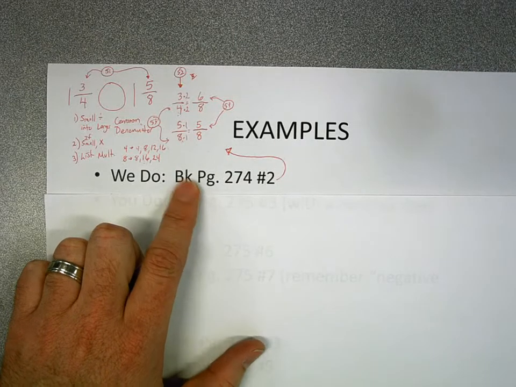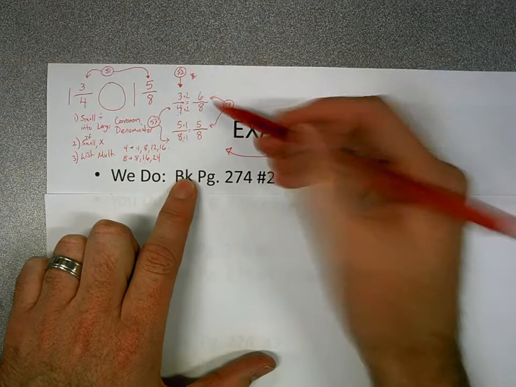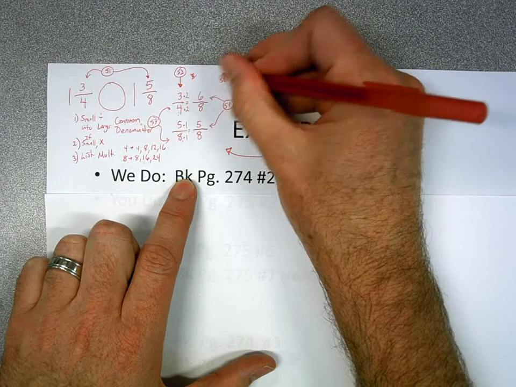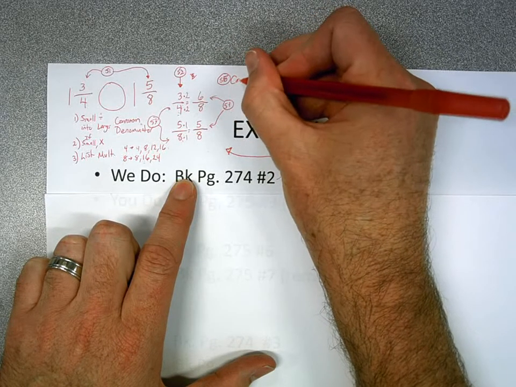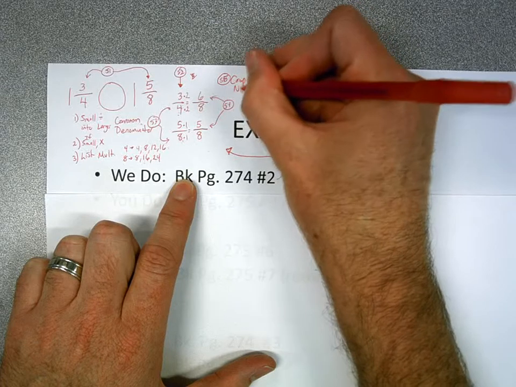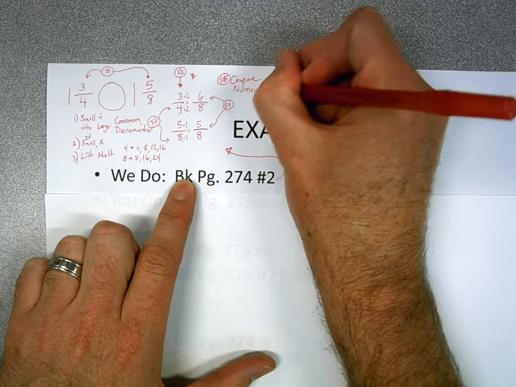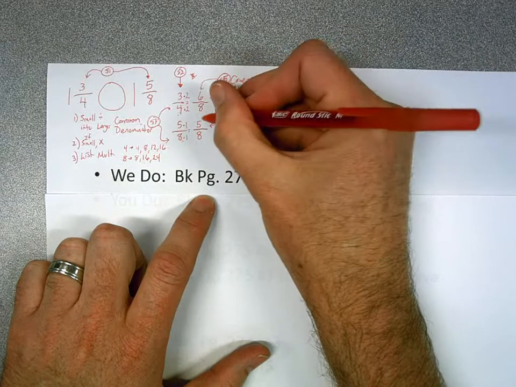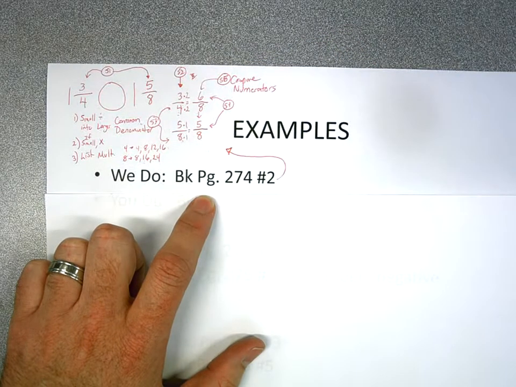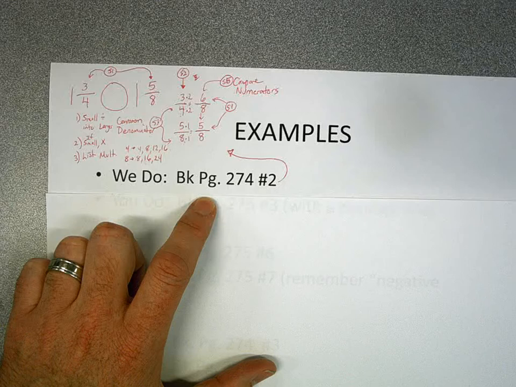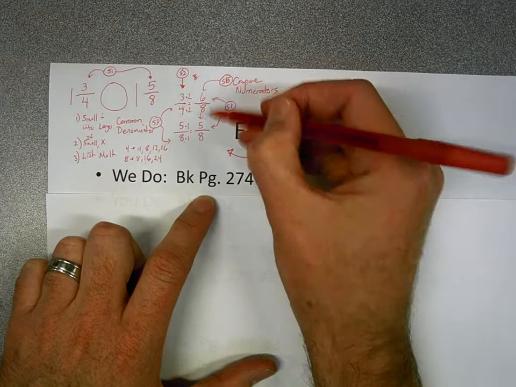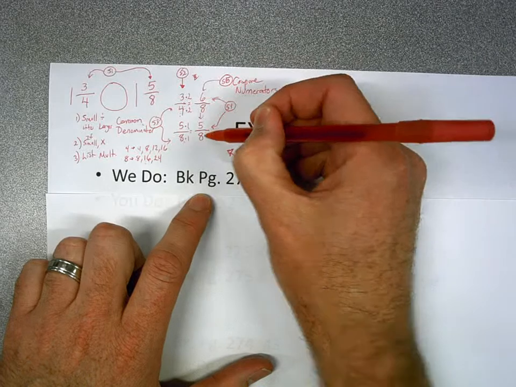Okay, now, here's why we did all that work. Because step 5 is we're now going to compare the numerators. The 6 and the 5. Guys, which one's bigger? 6 or 5? 6. Yeah, 6. If the numerator's bigger, right? 6 eighths is bigger than 5 eighths.